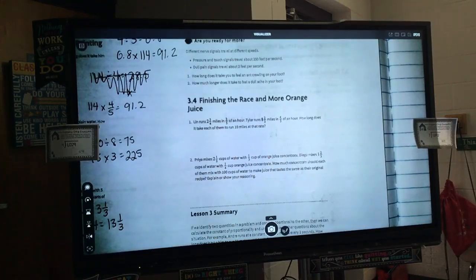How long does it take each of them to run 10 miles at that rate? Number 2, Priya mixes 2.5 cups of water with 1/3 cup of orange juice. Diego mixes 1 2/3 cups of water with 1/4 cup of orange juice. How much concentrate should each of them mix with 100 cups of water?